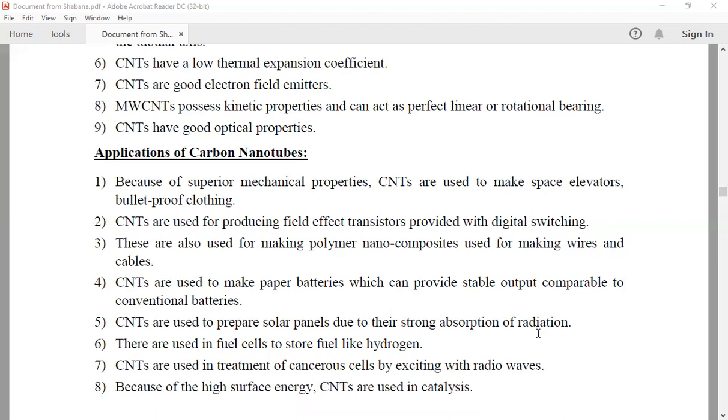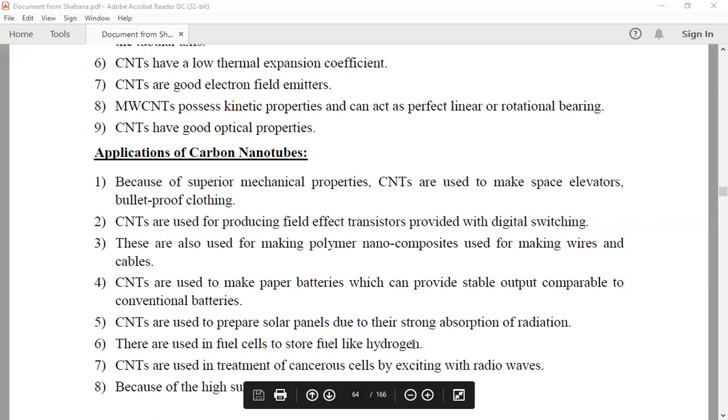The solar cell developed at NIT, New Jersey, America, contains a mixture of carbon nanotubes and buckyballs, which are known as fullerenes, which I will tell you about in the next lecture.